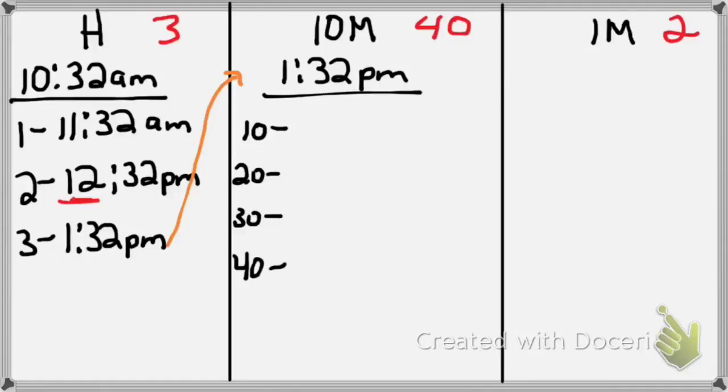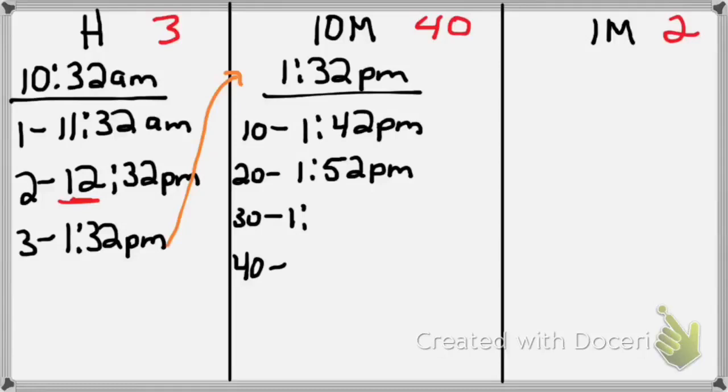I'm in the 10-minute column, so I'm going to count by 10 minutes. So 1:32 plus 10 minutes would be 1:42 p.m. 1:42 plus another 10 minutes would be 1:52 p.m. Plus another 10 minutes would be 1:62. Oh, I can't say 62, because remember, every 60 minutes is an hour.